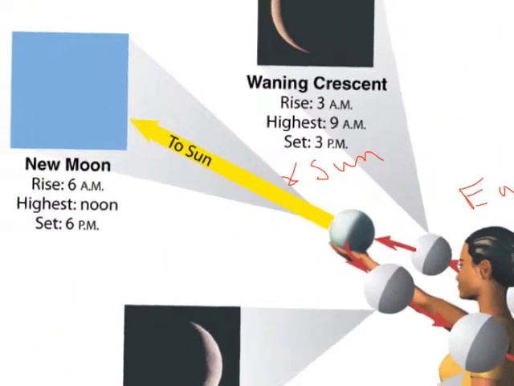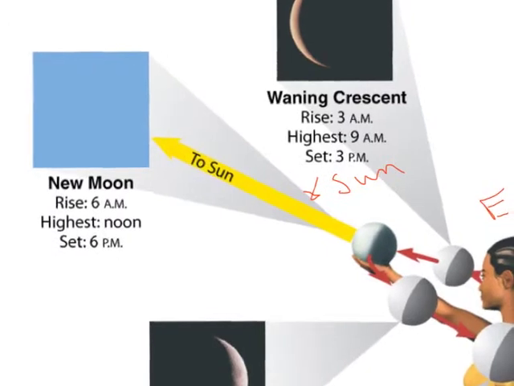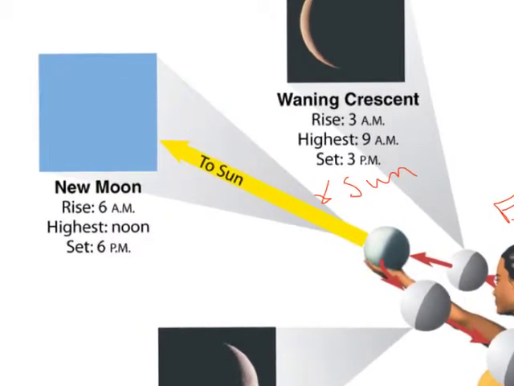This is what we call a new moon. The Sun's up here, and a new moon is between the Earth and the Sun. So it's going to rise with the Sun.